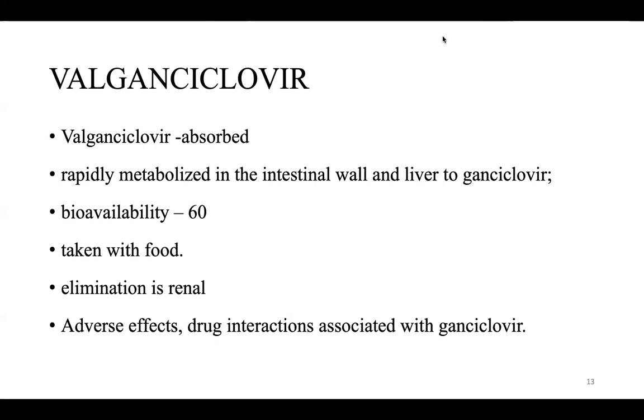The bioavailability of oral valganciclovir is 60%. It's recommended that the drug be taken with food. The major route of elimination is renal, through glomerular filtration and active tubular secretion. Side effects, drug interactions, and resistance patterns are similar to those associated with ganciclovir.